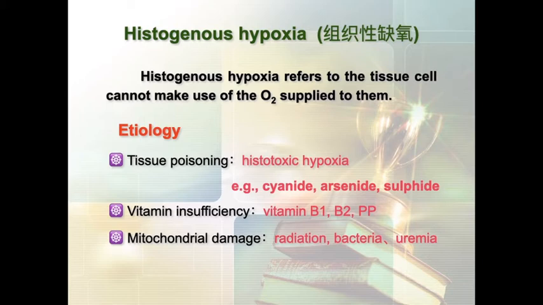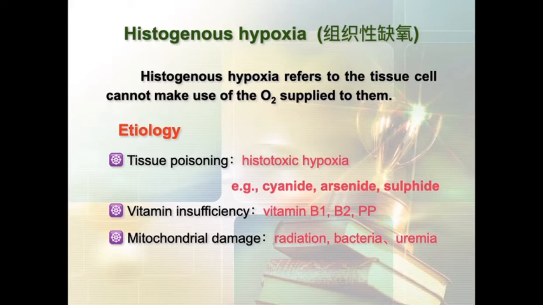And vitamin insufficiency, vitamin B1, B2, PP can lead to histogenous hypoxia. And the third reason, the last but not the least, mitochondrial damage.